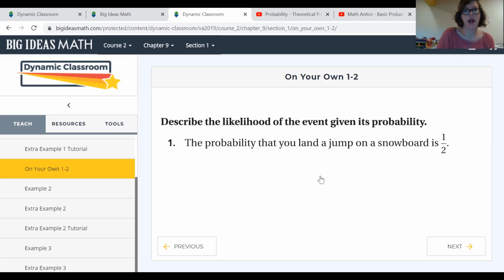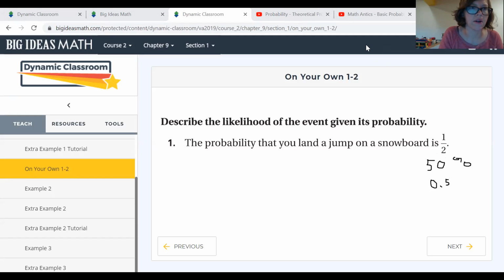So remember, 1/2 is the same thing as saying 50%, if you were expressing it as a percent. And as a decimal, it would be 0.5. So what is the likelihood of that event given its probability of 1/2?